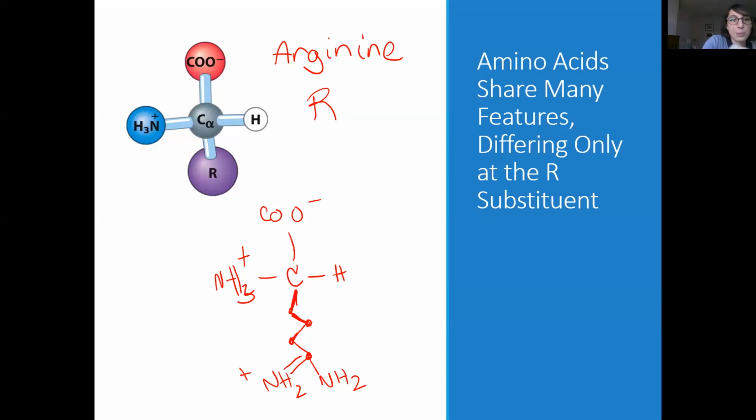A similar group to arginine is lysine. Lysine has a similar structure, except instead of these 2 amine groups here, it again has 1, 2, 3, 4 carbons, CH2 groups, and at the very end has a simple NH3 plus group.